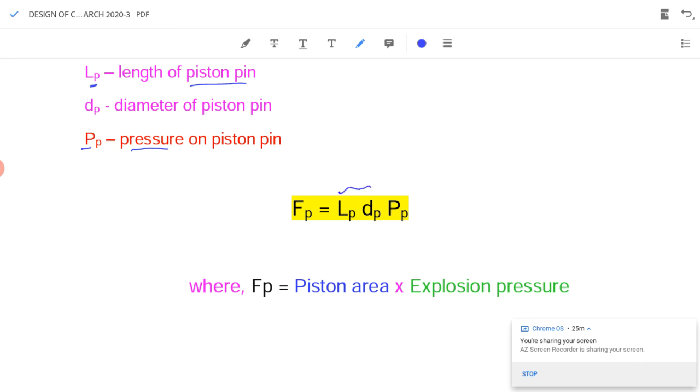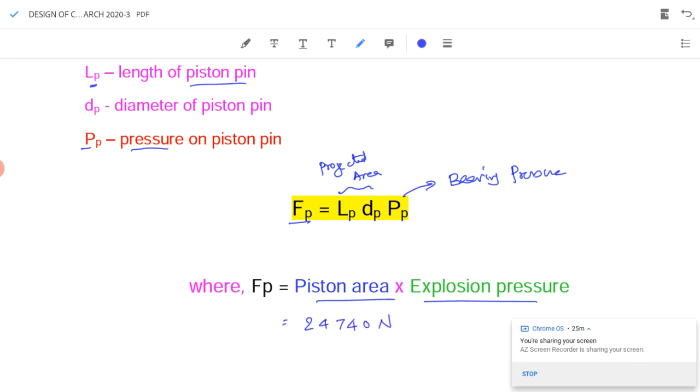So this is the projected area, and this is the bearing pressure. How will you find the left side? Fp is the force acting on the piston. So Fp equal to piston area into explosion pressure. We have already found this value, 24,740 Newton.